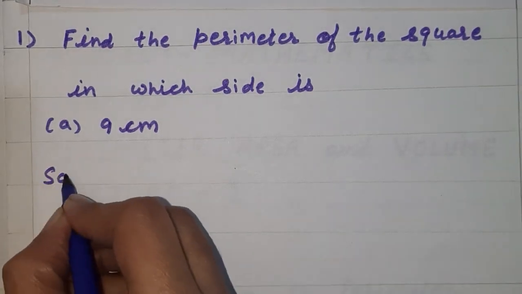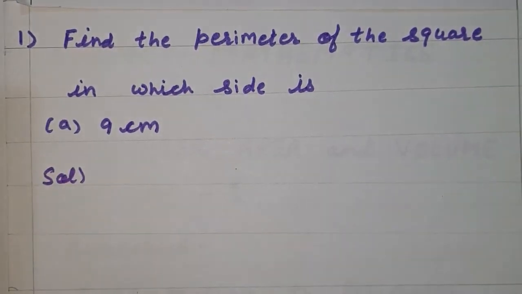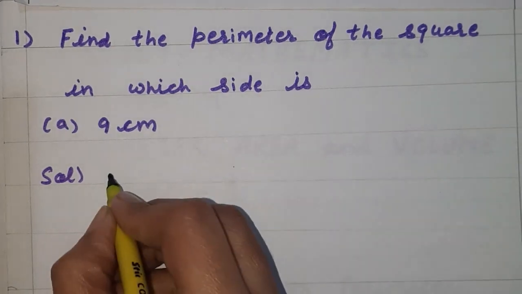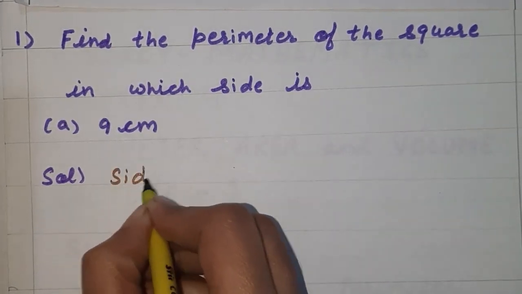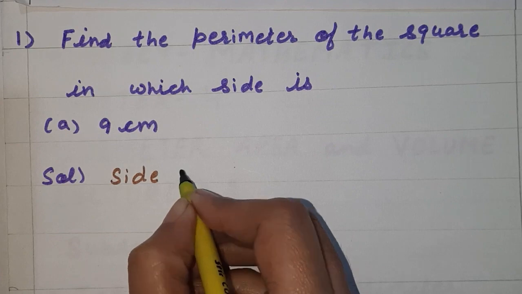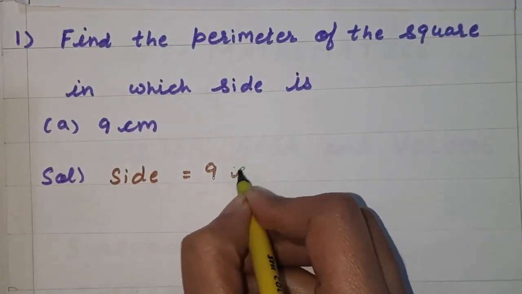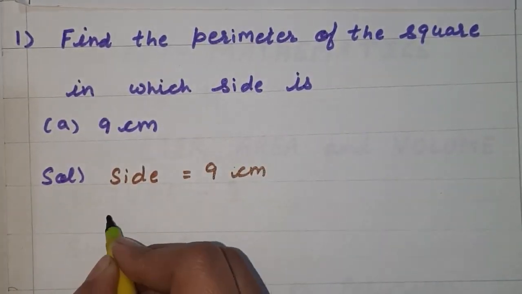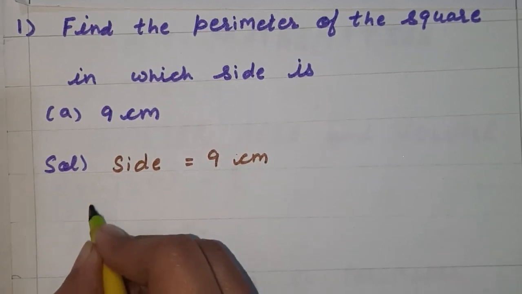Now you know what is the formula for finding out the perimeter. First of all, write down side of a square, 9 centimeter. Perimeter of a square.